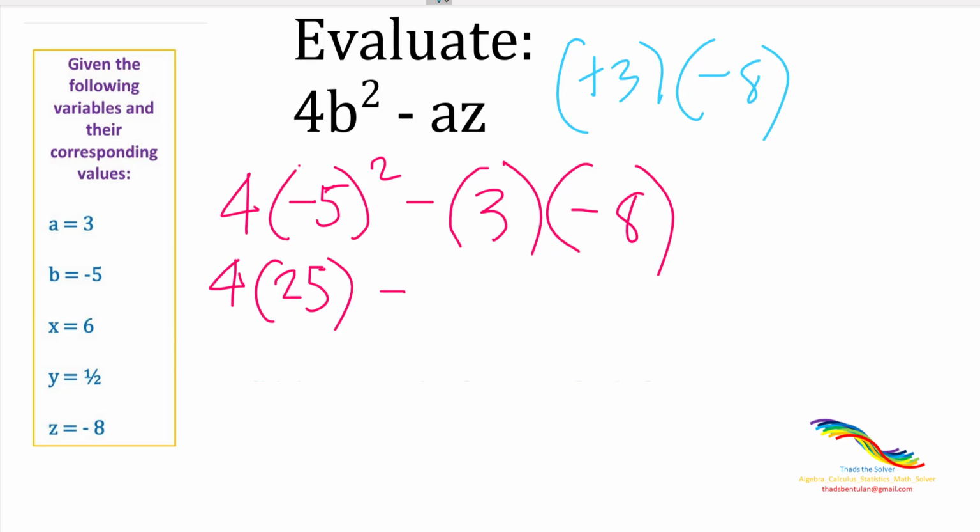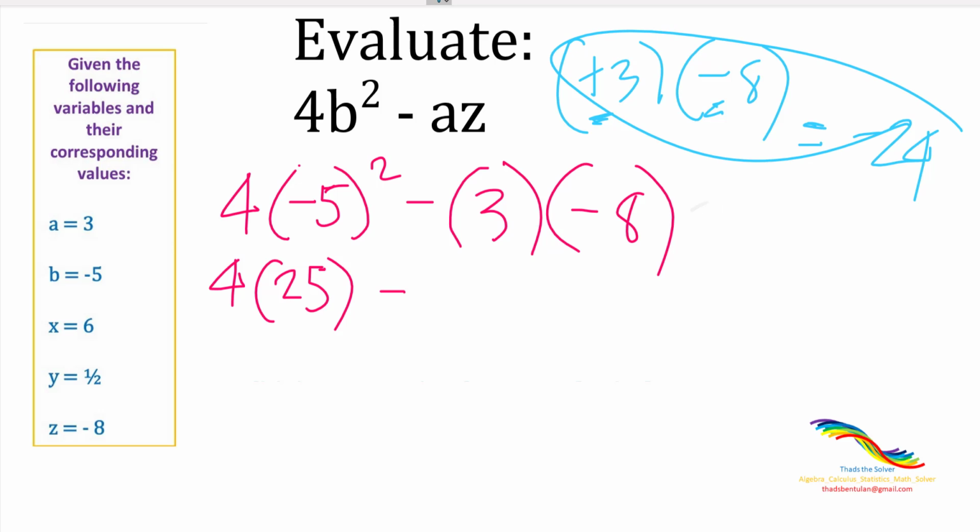Since this is plus multiplied by a negative, the resulting product will also be a negative, because you have two different signs. When you multiply them, the result is a negative number, and 8 times 3 is 24. So this is -24.